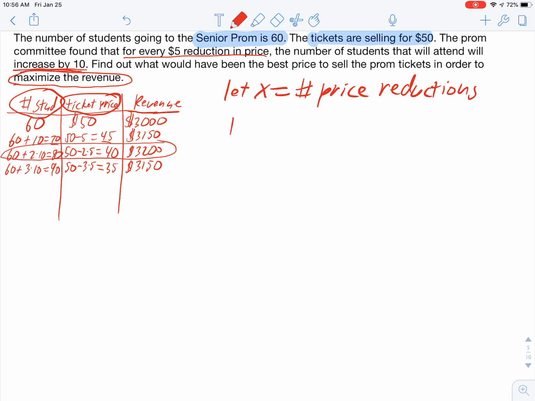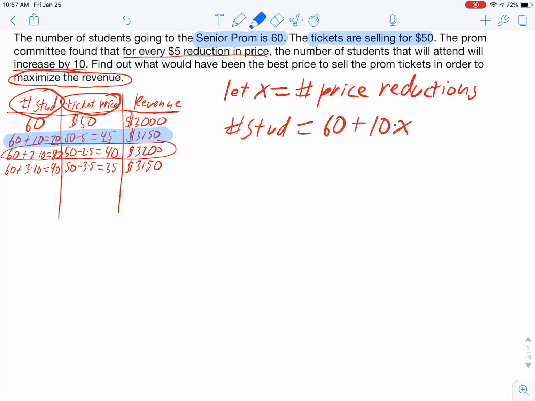So if I think about the number of students, how did I calculate that? Well, the number of students going was 60, plus it increased by 10 for each price reduction. So it was 10 times the number of price reductions. So if I reduce the price once, like I did here, the number of students went up by 10 times 1.